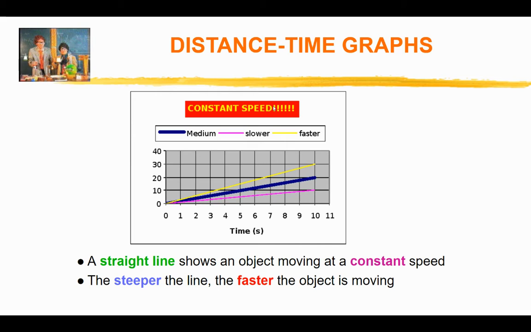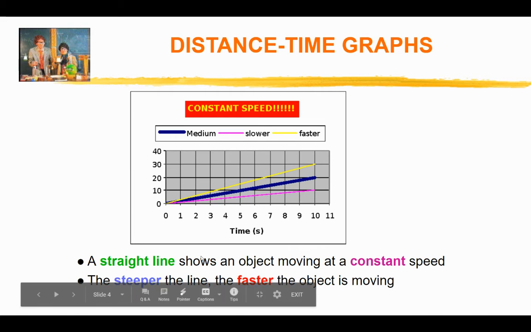Okay, if I'm going 60 miles per hour and I have constant speed, it means that I stay going 60 miles per hour. Think about if you set the cruise control on your car. You know what cruise control is? It makes you go a constant speed. Constant means the same thing over and over, right? So if you see a straight line like this, it's a constant speed.